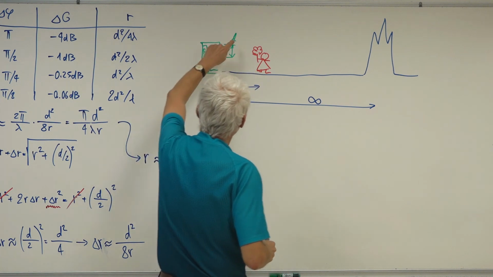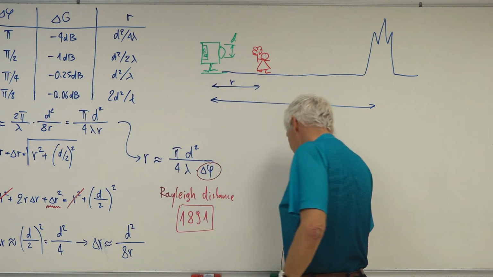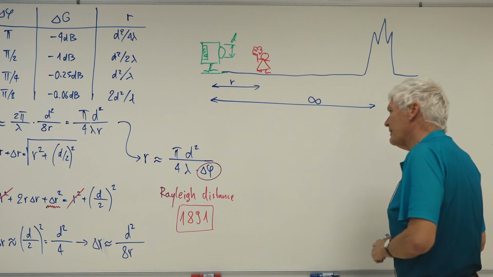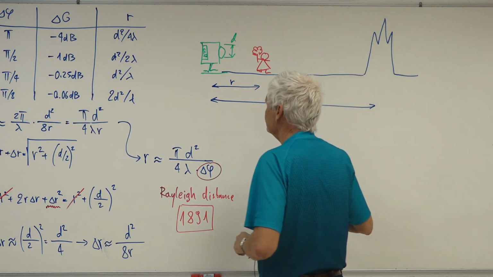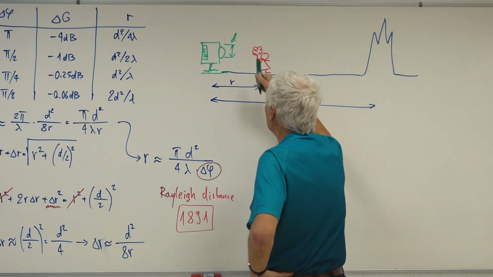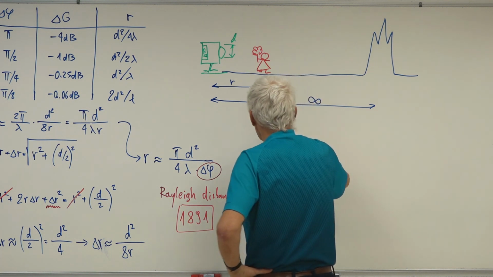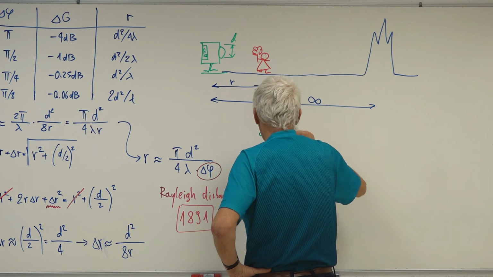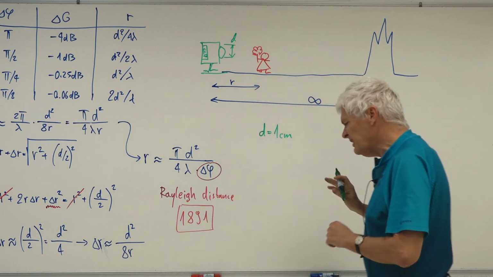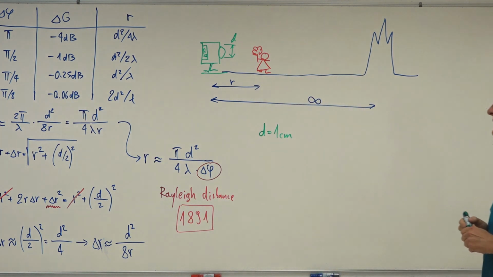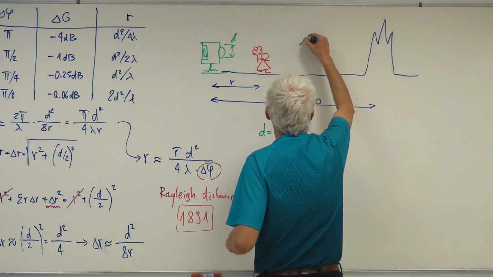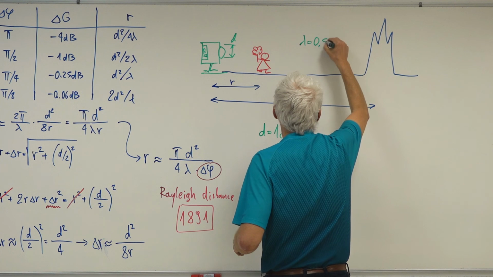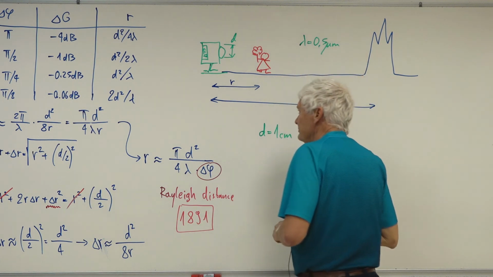For the aperture of our lens our camera has, let's take that our lens has a diameter of 1 centimeter. This is quite a large lens, quite an expensive lens for our camera. What is the wavelength? Visible, so 0.5 micrometers.